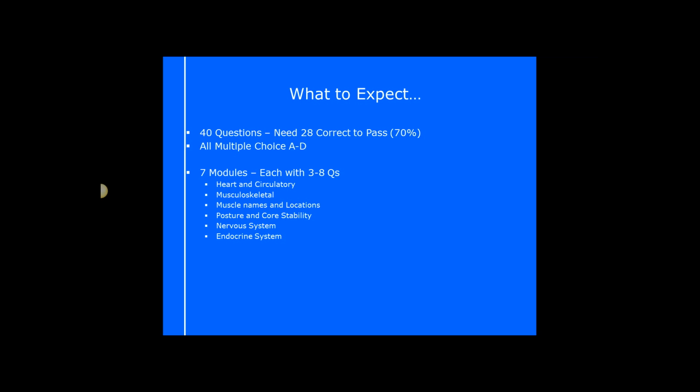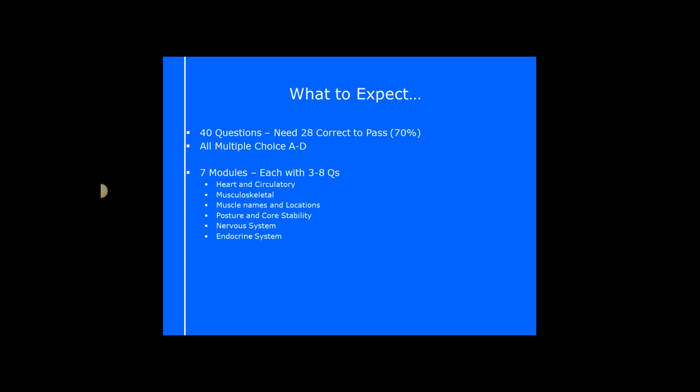Now, they break down really easily, so some people panic a little bit because they see it as 40 questions, but actually the best way of looking at it is 7 modules, 7 little chunks, and within these 7 chunks there's going to be between 3 and 8 questions, and that will vary depending on the paper that you're taking.